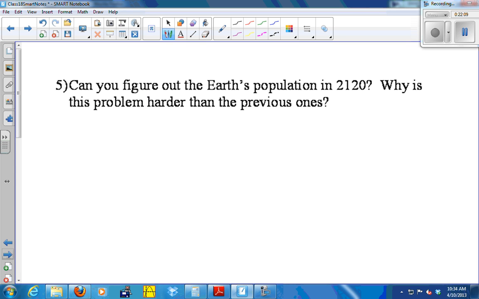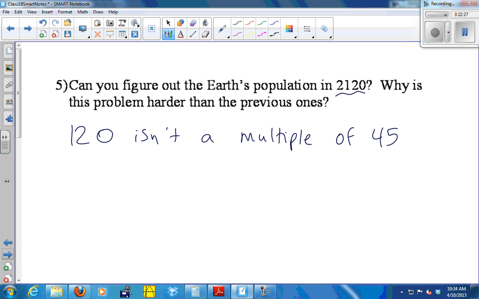You have to figure out a fraction of the growth, because 120 isn't a multiple of 45. But we could try to follow the same procedure and see what happens.